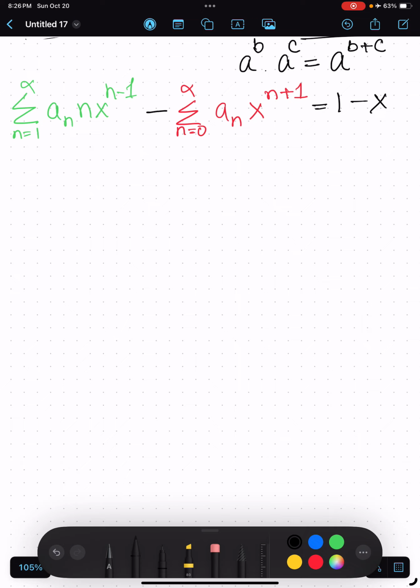So our next step would be to combine these two, or in other cases, if we have multiple power series, we need to combine them into one. Now to do that, there are two conditions that need to be met.